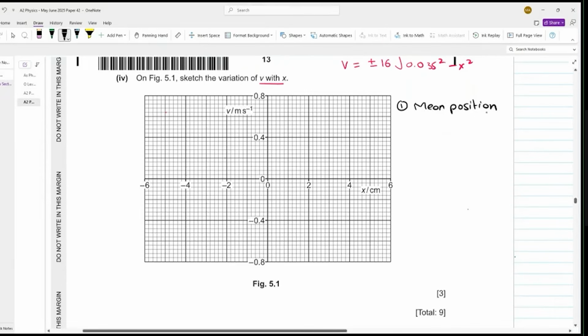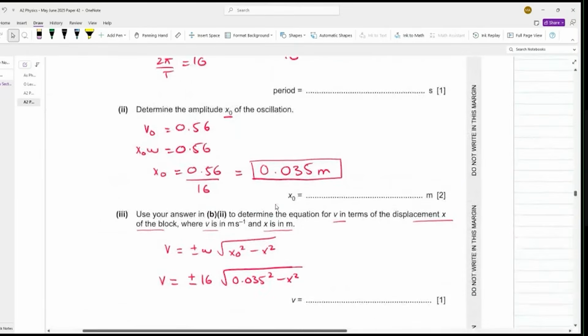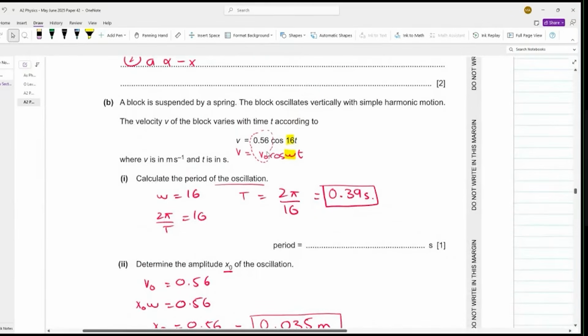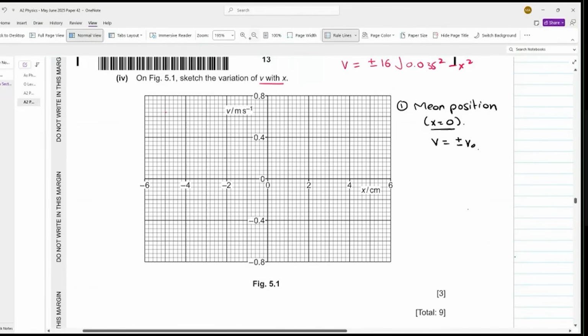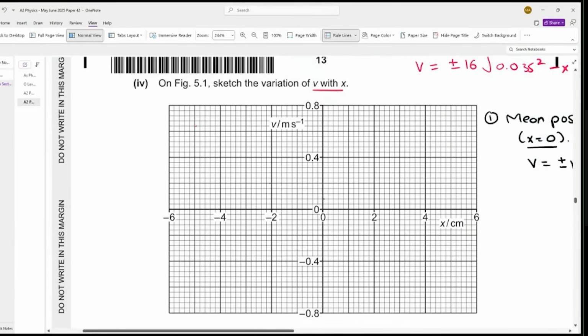Mean position is basically when your displacement x is zero. When your displacement x is zero, your velocity can be either positive or negative maximum. What is your maximum velocity? 0.56. Your velocity can either be positive 0.56 or negative 0.56.